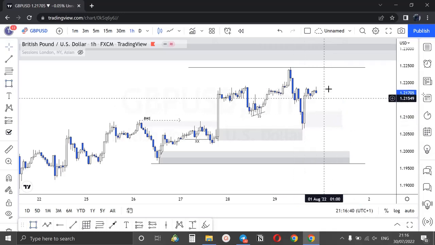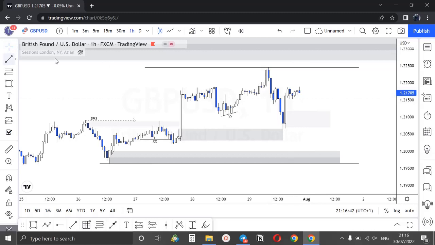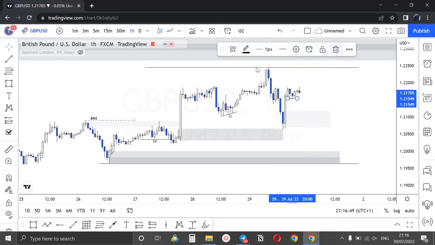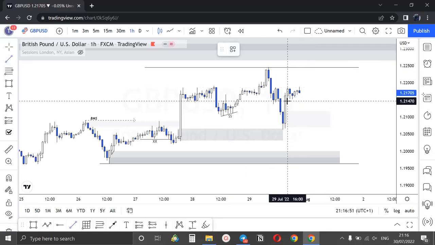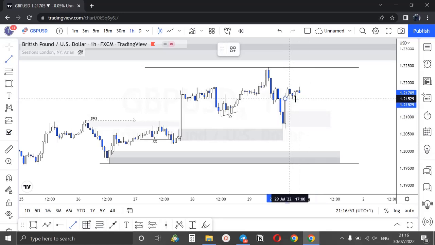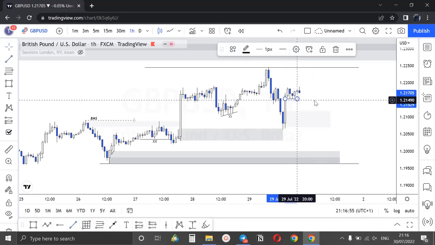I'll be targeting this candle because liquidity has already been created right below here. I'll be looking forward to this area.